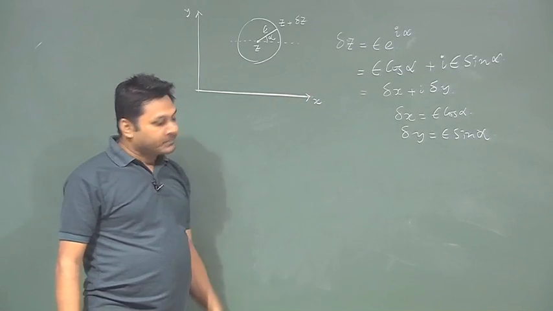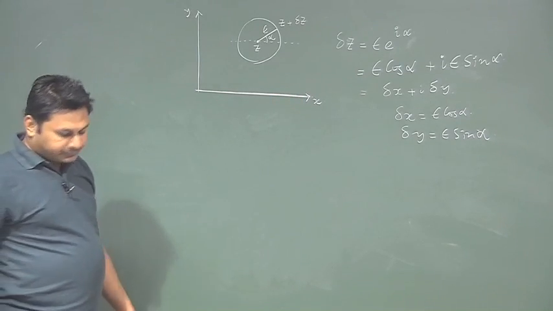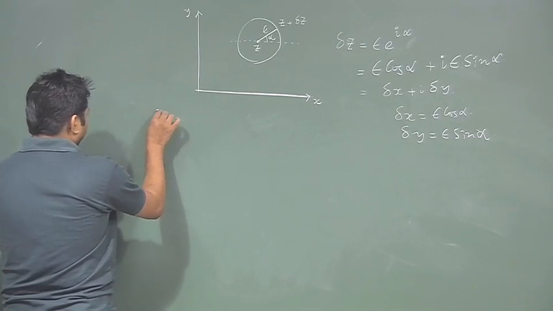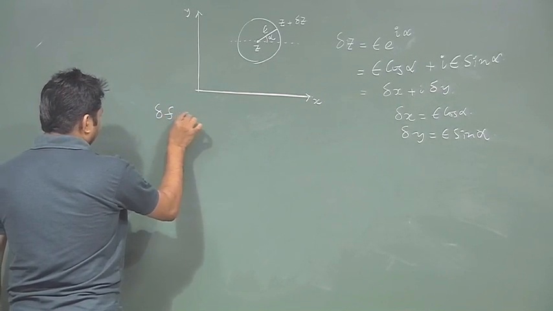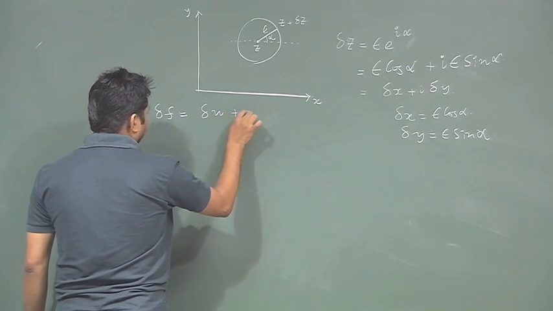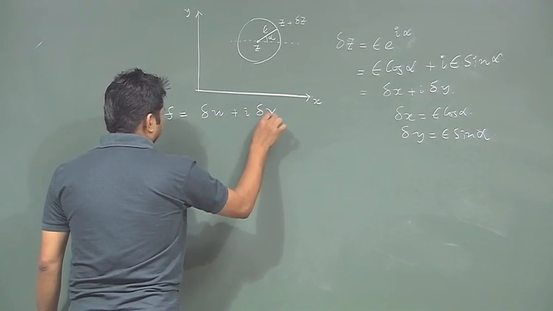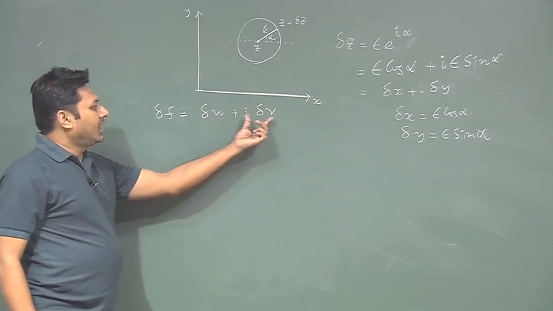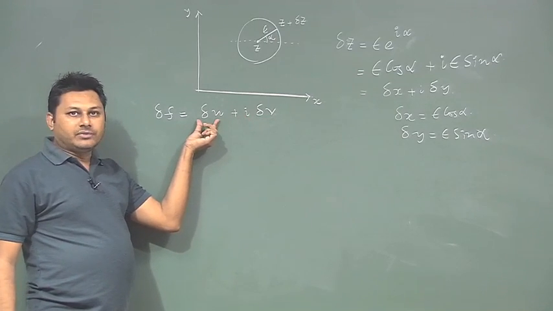Okay. Now, delta f is delta u plus i delta v. u and v are functions of x and y.